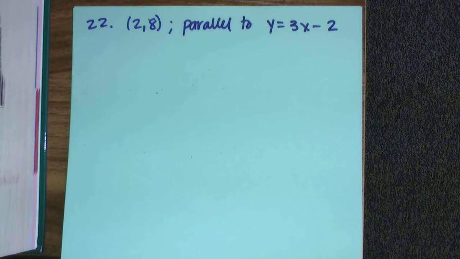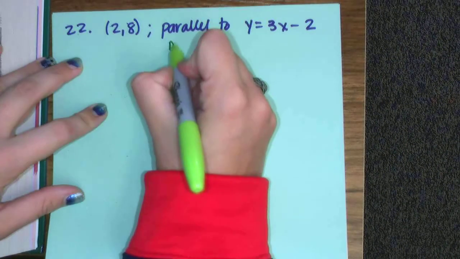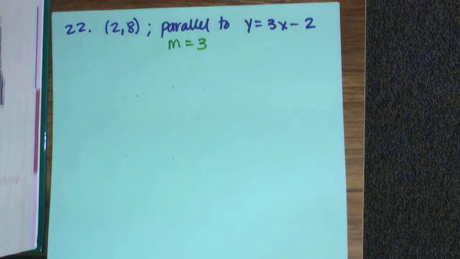So if I want parallel, what does that mean? Same slope, which is 3. So I know that's what I want the slope of my new line to be, so how would I go about creating my line with that point and that slope?